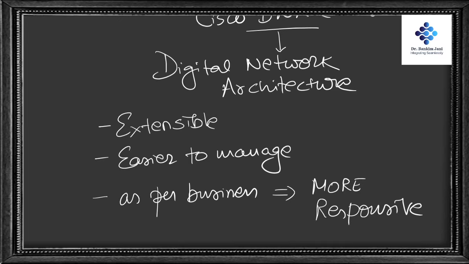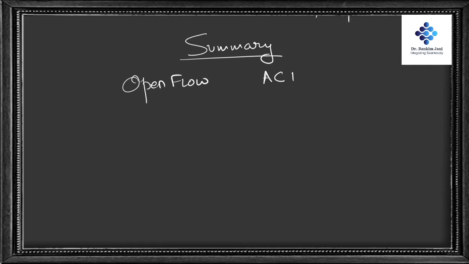So if we go for a summary, we talked about OpenFlow. This thing will make everything so clear. Then we talked about ACI, and then we talked about APIC Enterprise Module.